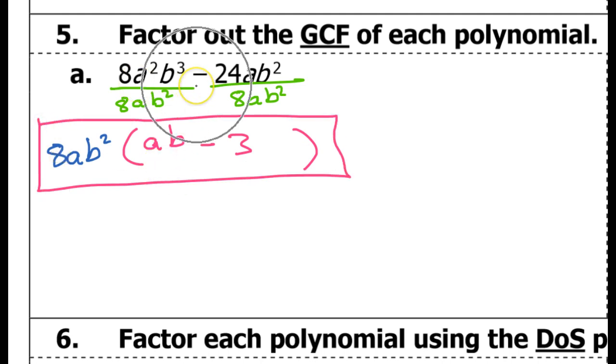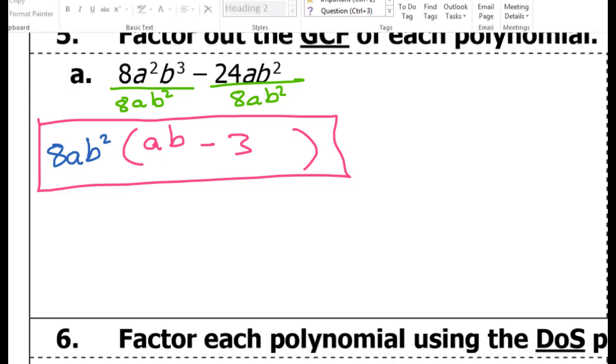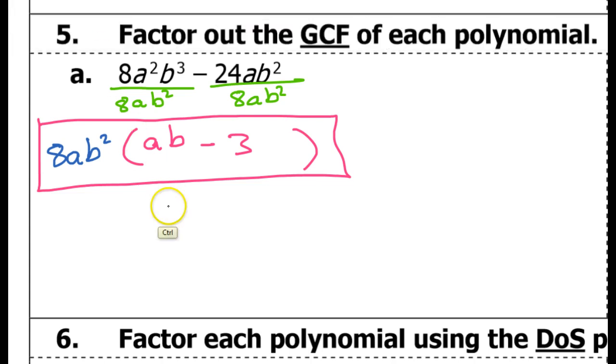Now, a common mistake is to pull out a number that is a common factor but not the greatest common factor. So I just want to show this to you one time. Let's say that you accidentally thought that 4 was the greatest common factor. So let's say instead of pulling out 8ab squared, you only pulled out 4ab squared.